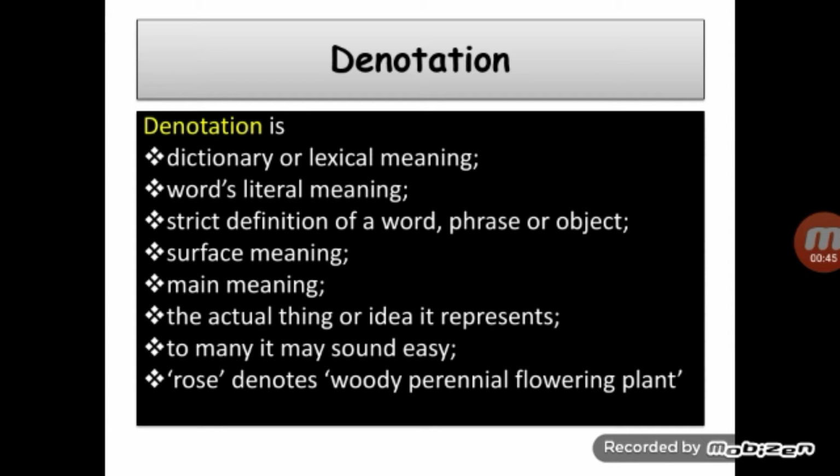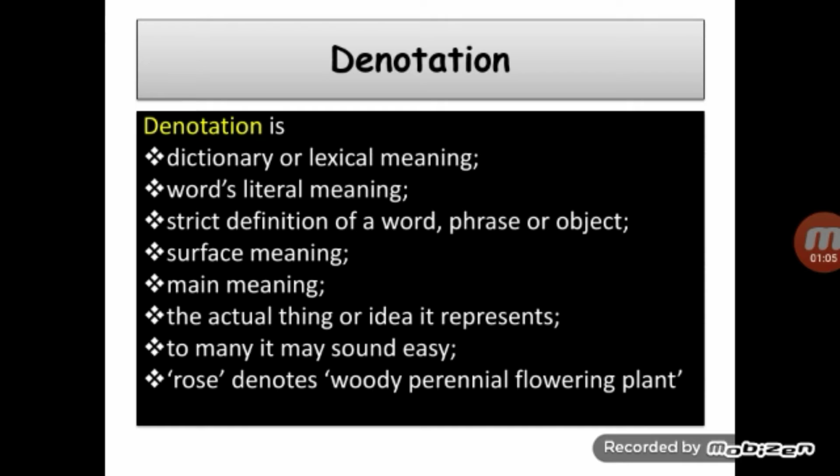The first term that comes here is denotation. Denotation is simply the dictionary or lexical meaning of a word. It is a literal meaning that is called primary meaning. It's the surface meaning of any given word.